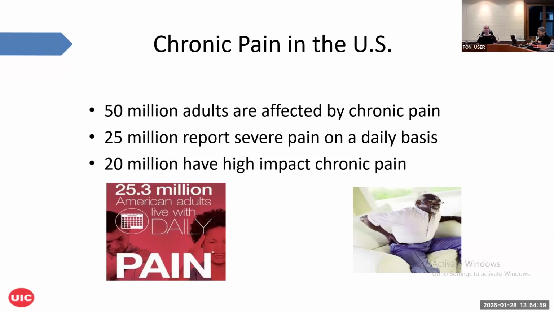Of that 50 million, half of them, or 25 million, report severe pain on a daily basis. Okay? So severe pain means that it is on a 0 to 10 scale. We're looking at 7, 8, 9, 10. That would be what's considered severe pain. And then 20 million have high impact chronic pain.